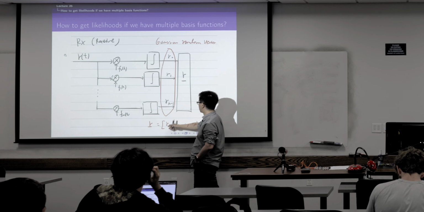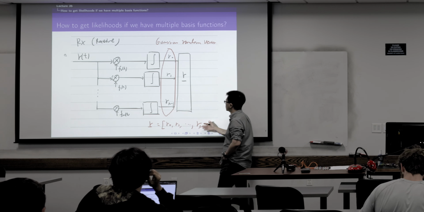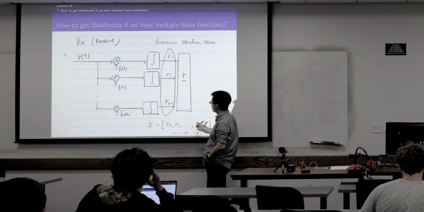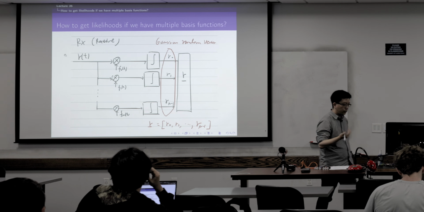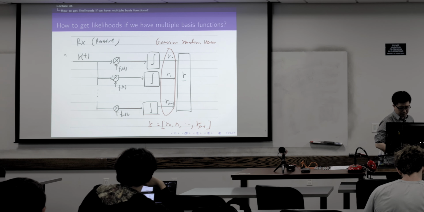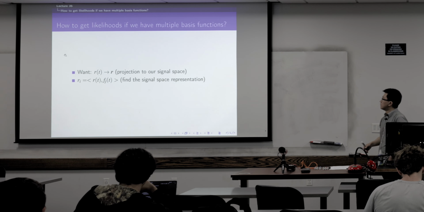But now we consider noise, so we have this received vector, and we're going to use it to make our decision. For example, we're going to see today how we can make our maximum likelihood decision.